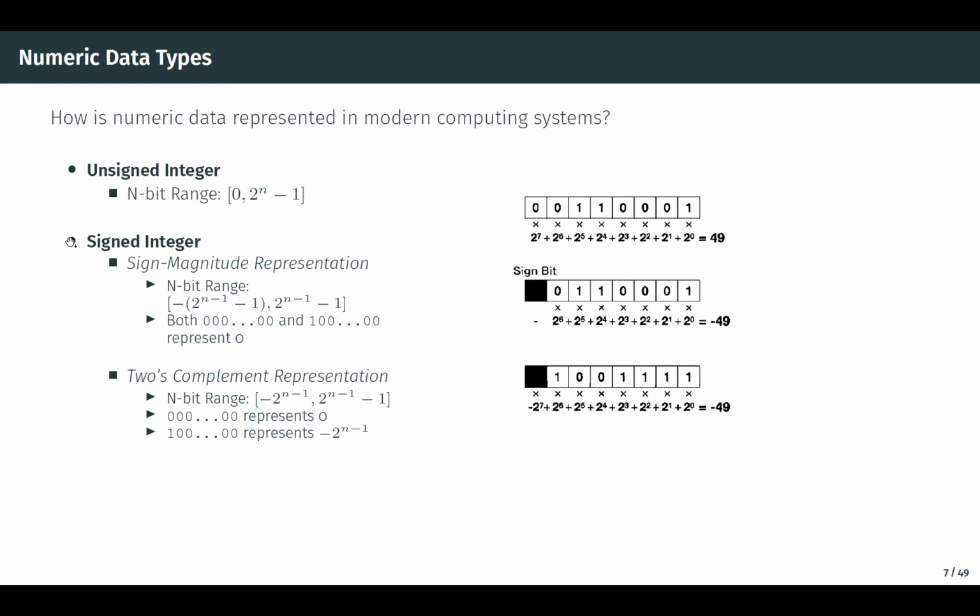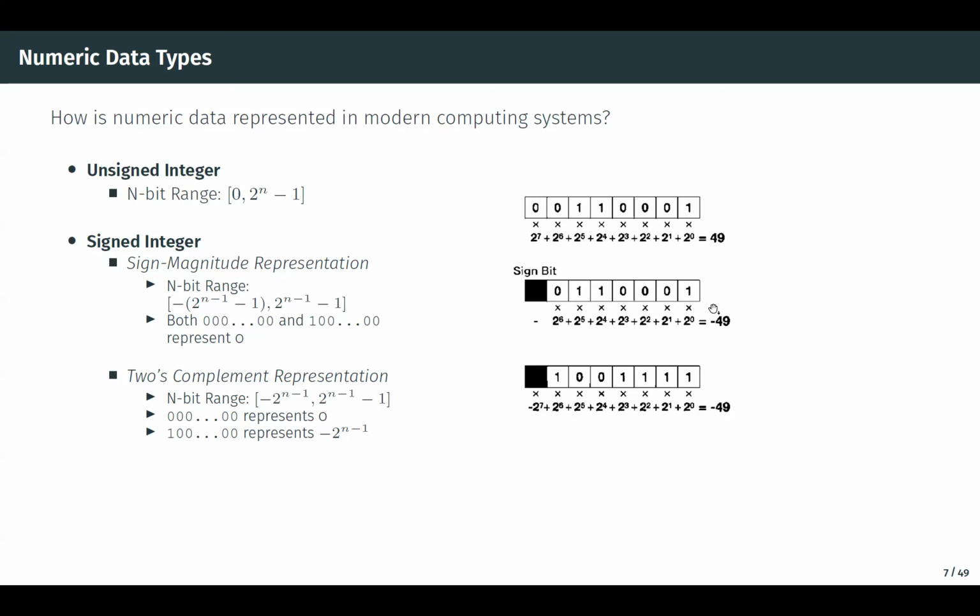When we have signed numbers, of course, in convolutional neural networks we have both positive and negative numbers. There are two ways of representing signed numbers in computing systems. One is sign magnitude, where a dedicated bit represents the sign and the rest of the bits represent the number itself.